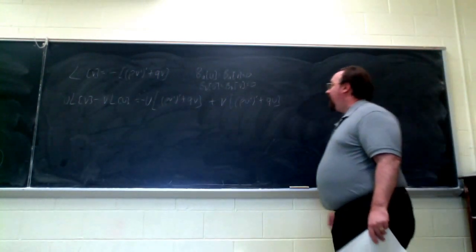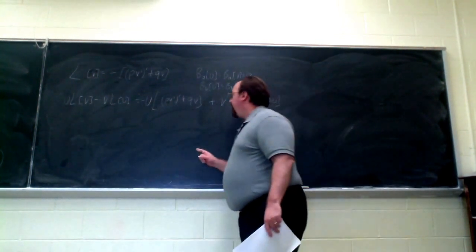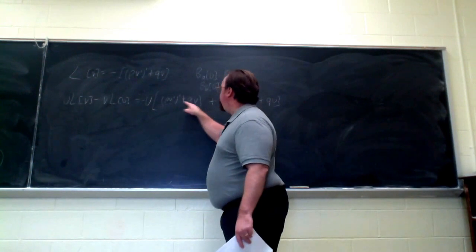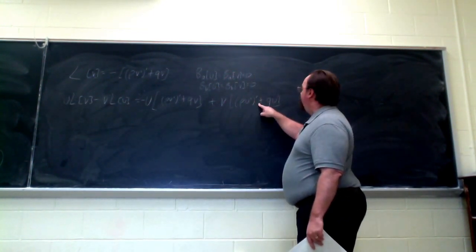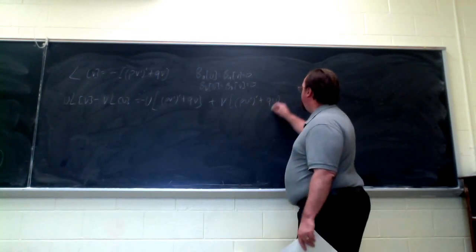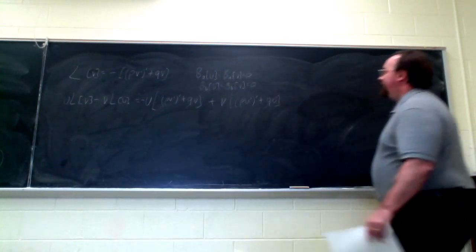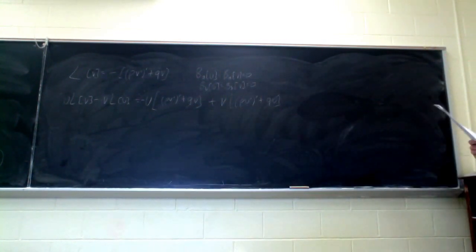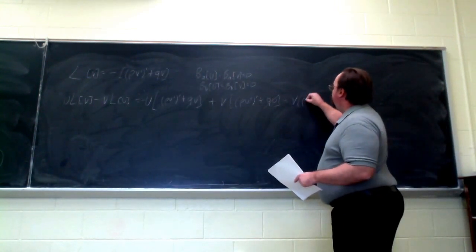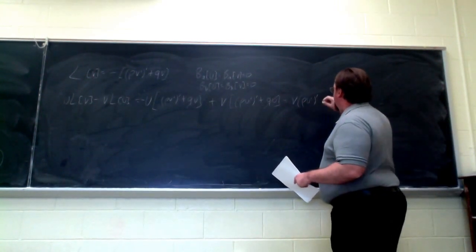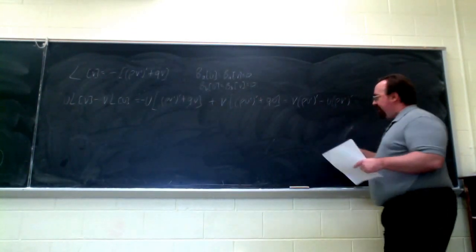Now notice if I were to expand all this, I'm going to have minus q u v over here and plus q u v over here. So in fact, the q terms are going to cancel. That's convenient. Now all I have left is v (p u prime) prime minus u (p v prime) prime.